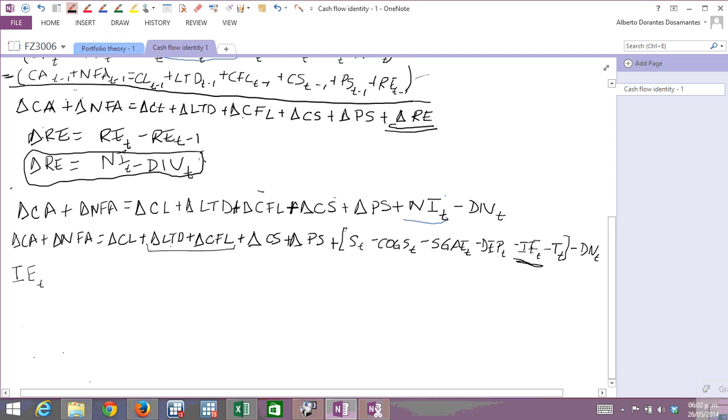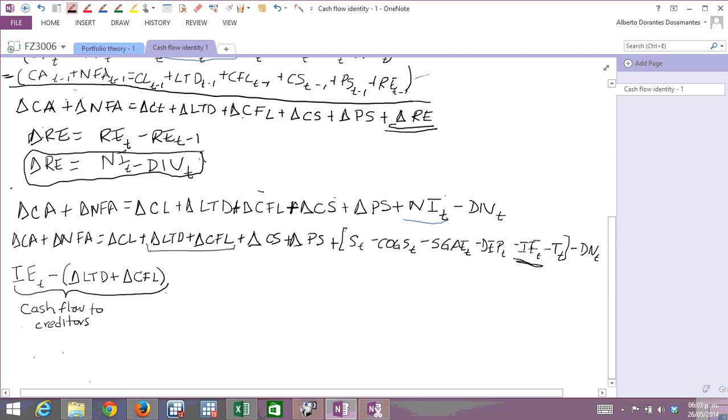Then since long-term debt and current financial liability have positive sign, I'm gonna put a negative sign, and I'm gonna put them in parentheses, delta of long-term debt plus delta of current financial liability. Okay, and this is cash flow to creditors.